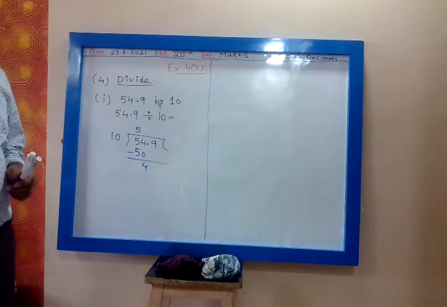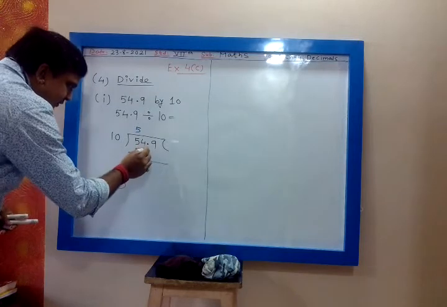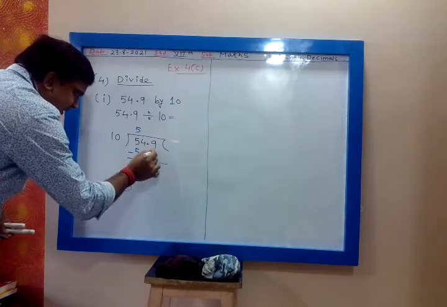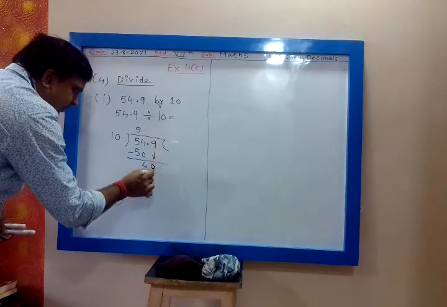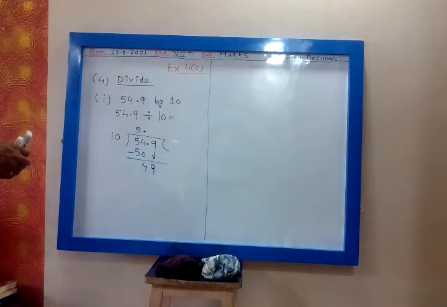Now after, yes, now this point is carried, so then 9 is carried, so this becomes 49, but decimal is there, so we write decimal, 49.